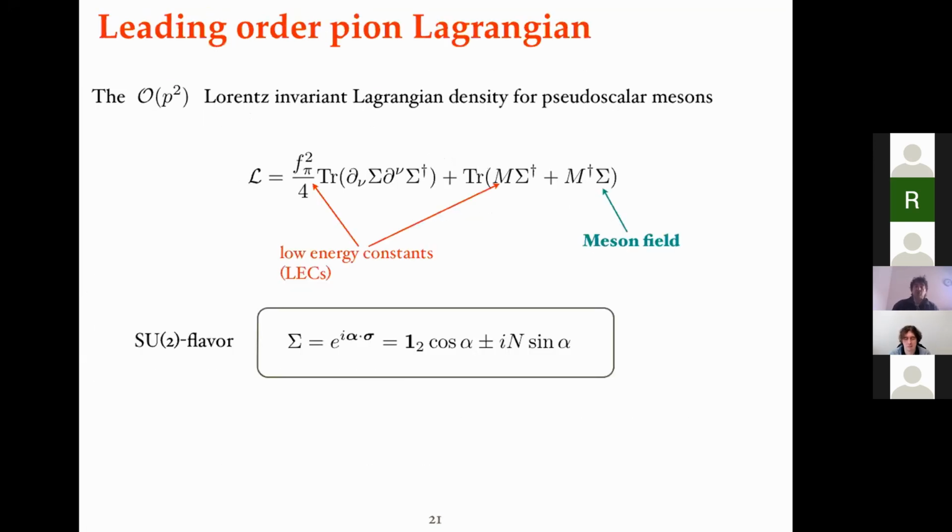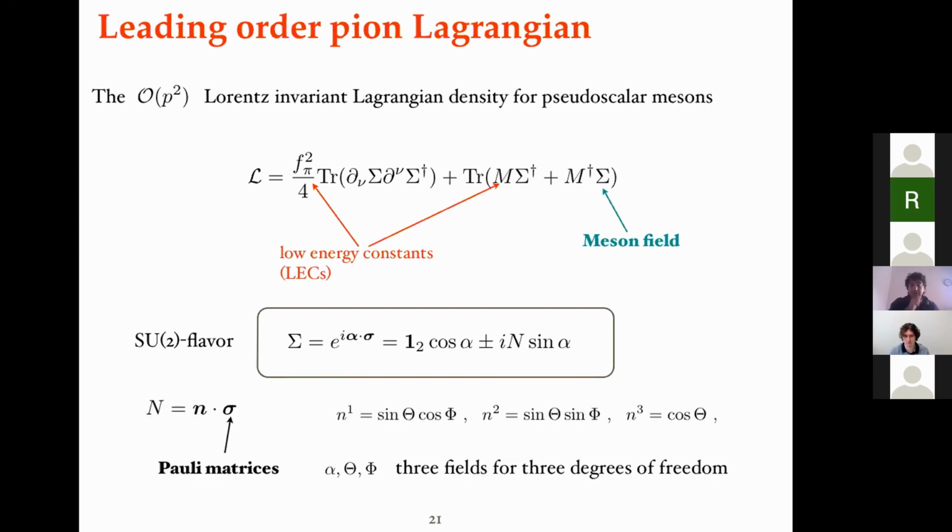The Lagrangian, which has also been shown in the previous talk, at order p squared is simply this expression here, where if you want to describe the SU(2) sector, we simply have to use this parameterization of sigma, of this unimodular field. The low energy constants here are simply F pi and the masses, which are in this object here.